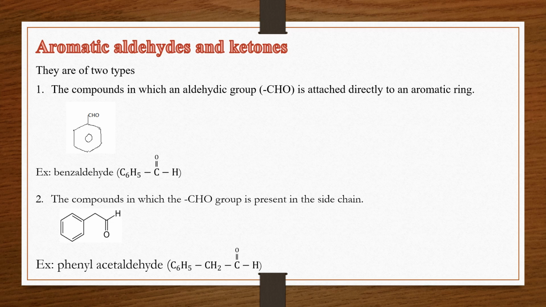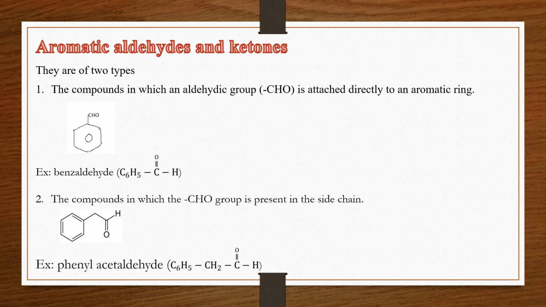B-E-N-Z-A-L-D-E-H-Y-D-E. We can also write its formula as C6H5 C double bond O H, or C6H5CHO. You can write its molecular formula. So it is the first type under aromatic aldehydes, the compounds in which CHO is directly attached to the benzene ring.